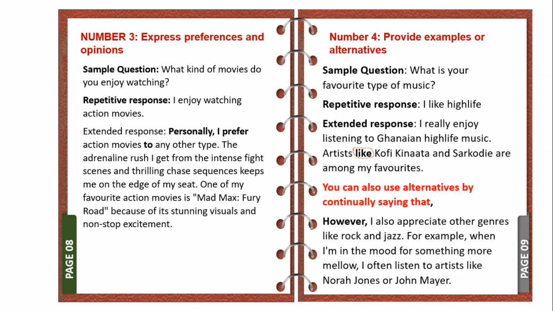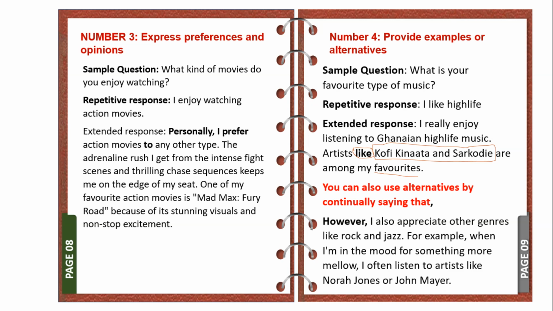So let me start again. I really enjoy listening to Ghanaian high life music. Artists like Kofi Kinata and Sarkodie are among my favorites. Okay, so I use these two artists and I use them as an example to extend my answers.